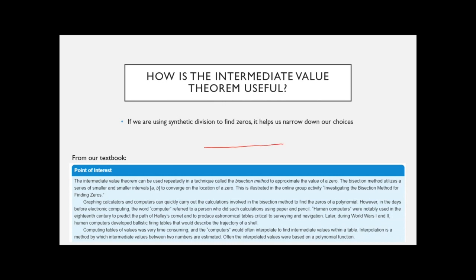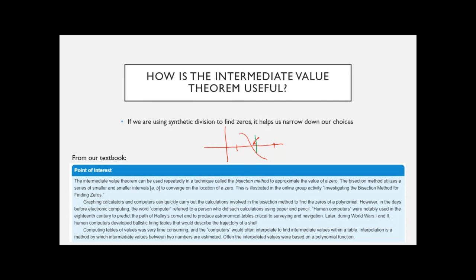So let's say I have my graph here, and I know that I have a 0 right here. You first have this larger interval, and you're like, oh, there's a 0 in between there. So now let's cut the interval in half and see, is there still a 0? And you just keep getting closer and closer, and you keep cutting your interval down by basically splitting the interval in half. Let me actually use a different color.